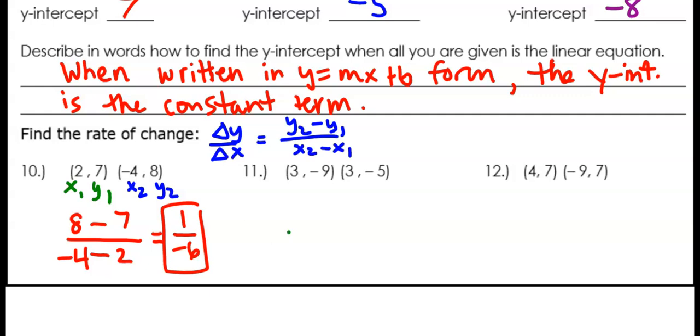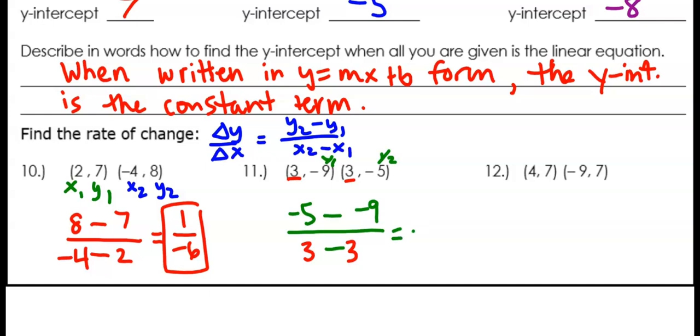Again, I'm going to perform the same sequence for the next question. y2 minus y1. Notice there are 2 minuses in a row here. The formula has its own subtraction sign, and sometimes the numbers have their own negative signs. And now we need x2 minus x1.